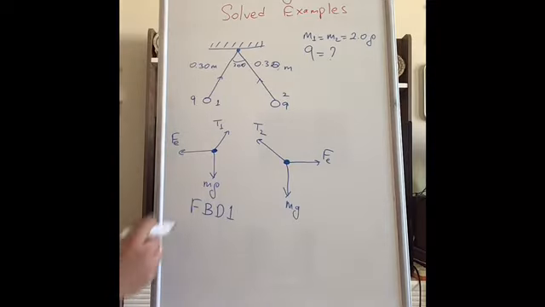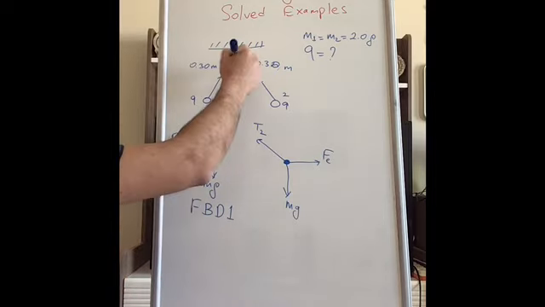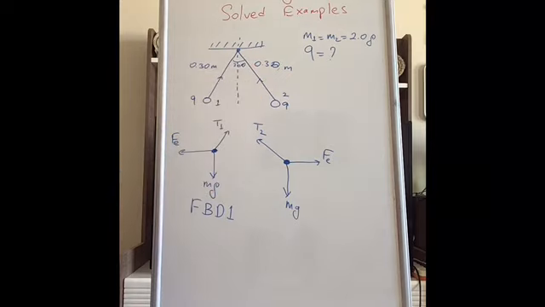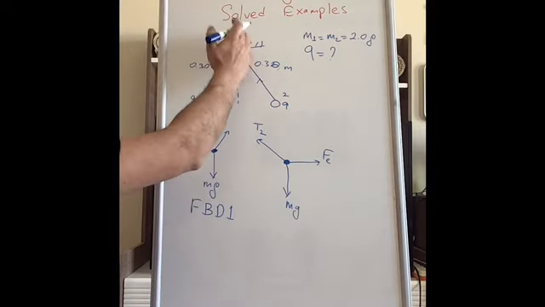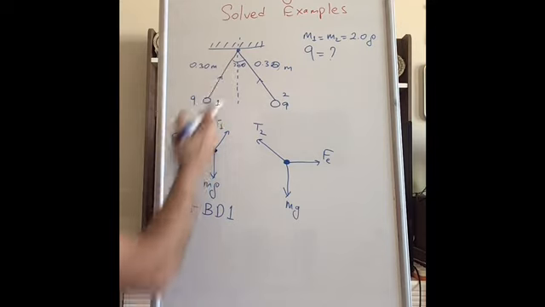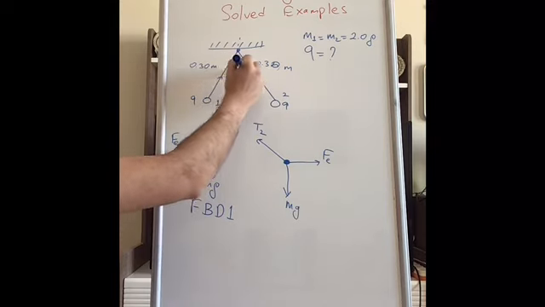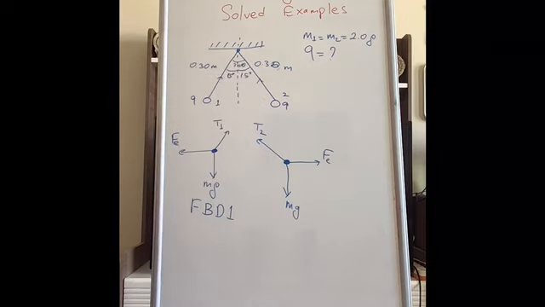Okay, let's use a little geometry here. Since these are identical, if I put a half line here, 30 degrees here, then 15 degrees will be on this side and 15 degrees on the other side.